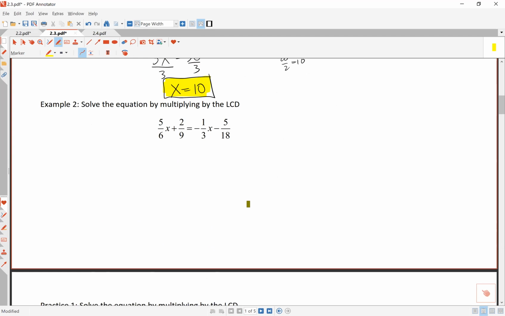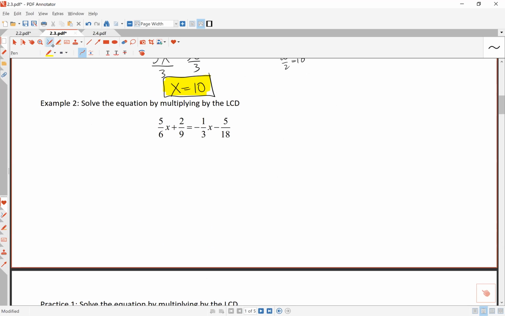Let's try one more of these. Our denominators this time are 6, 9, 3, and 18.